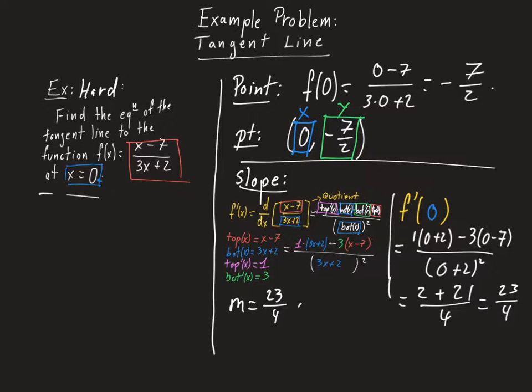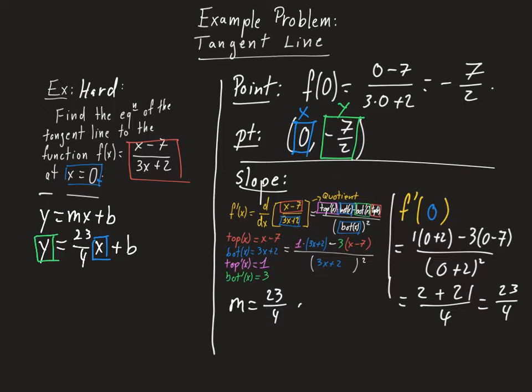We know that we're looking for a formula that looks like y equals mx plus b. Now, in addition to this, we also know that m is equal to 23 over 4, which means that y is equal to 23 over 4 x plus b. And last but not least, we have some values that we can plug in for x and y.